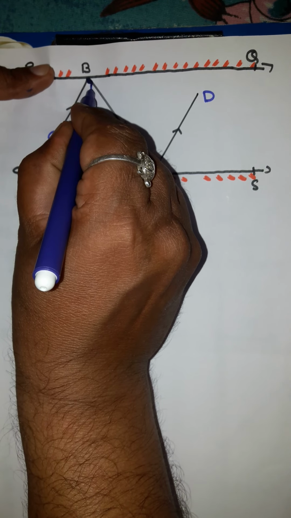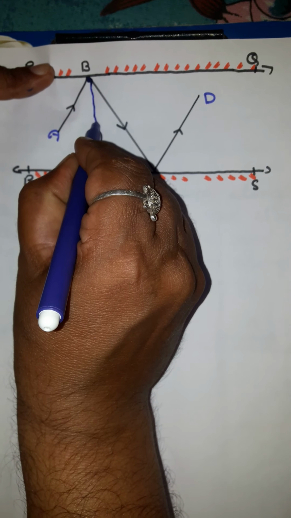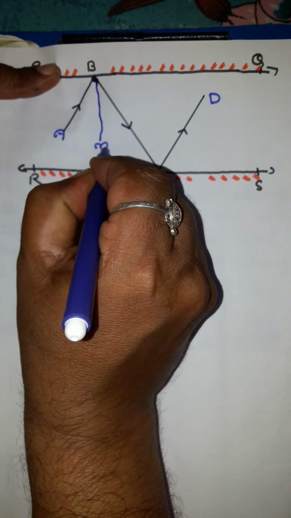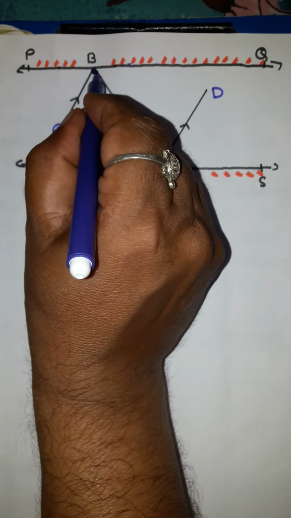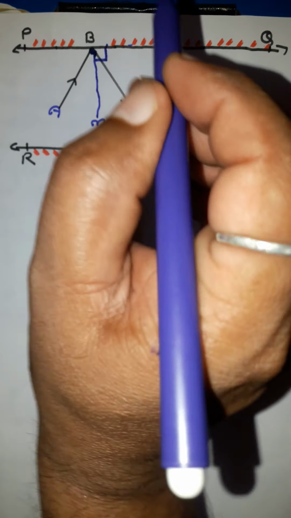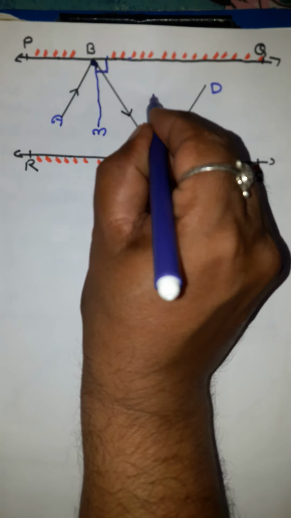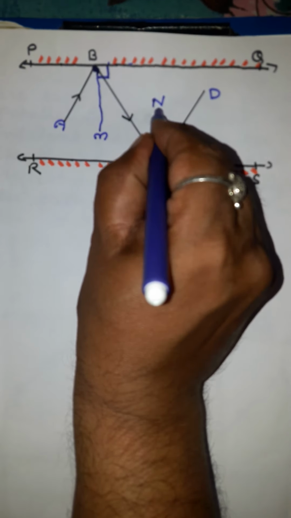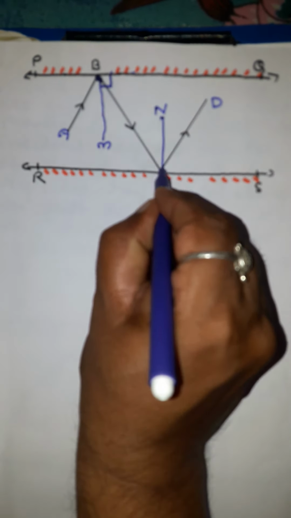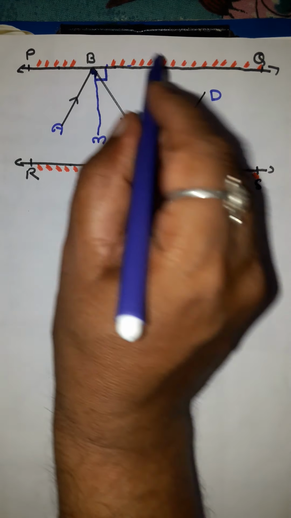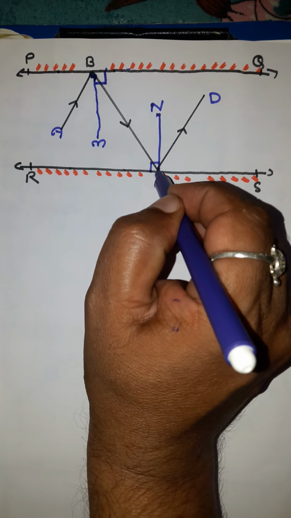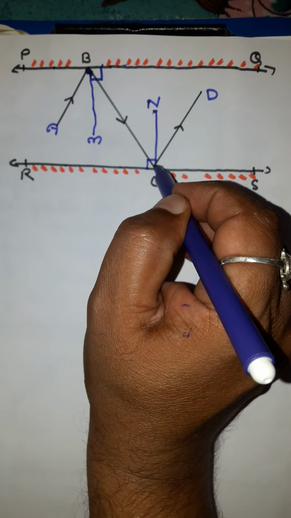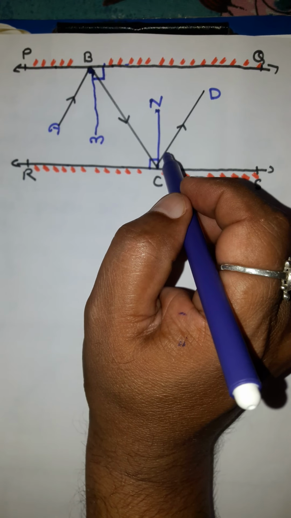So I am going to draw MB perpendicular to PQ and NC perpendicular to RS. So MB and NC are like the normals.